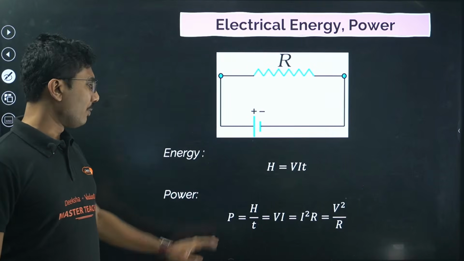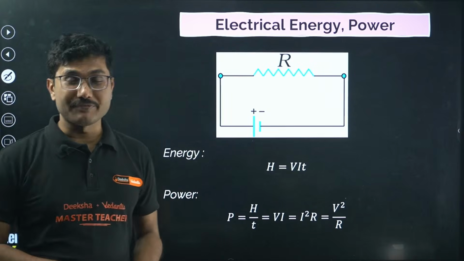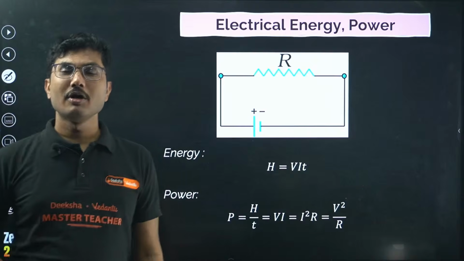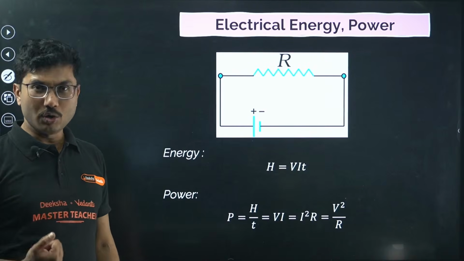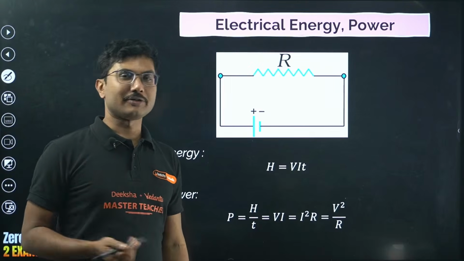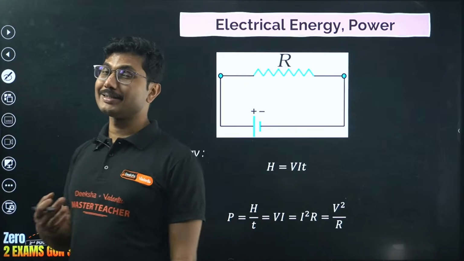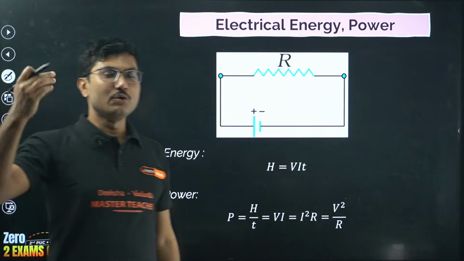Now power is more accurate to determine whether a device is energy efficient or not. If the power consumption is low, then we say this is a very efficient device. Based on that, our standards regulators assign stars to different devices.